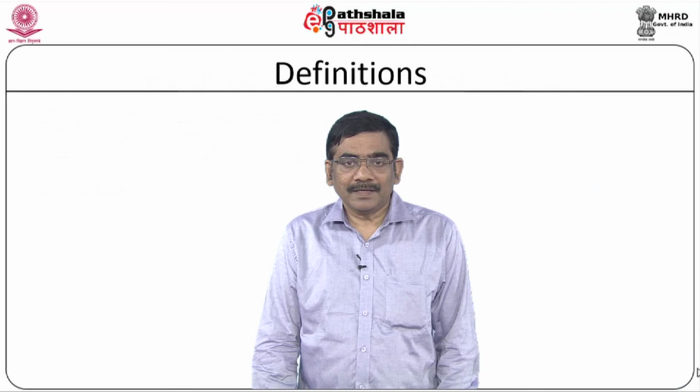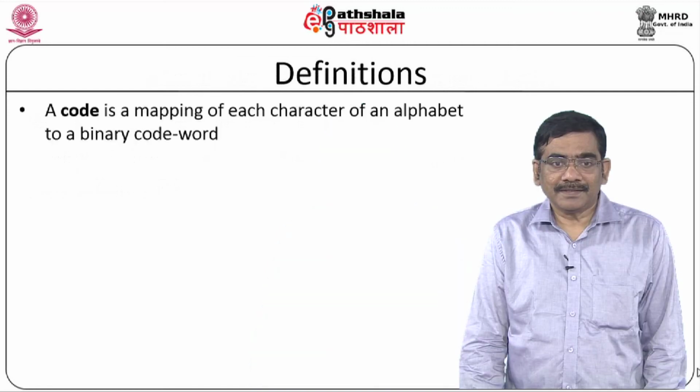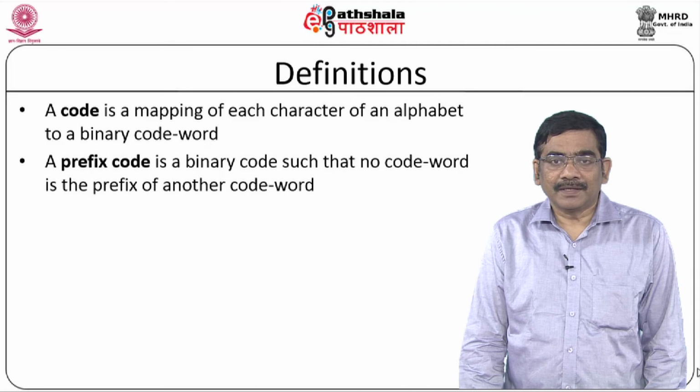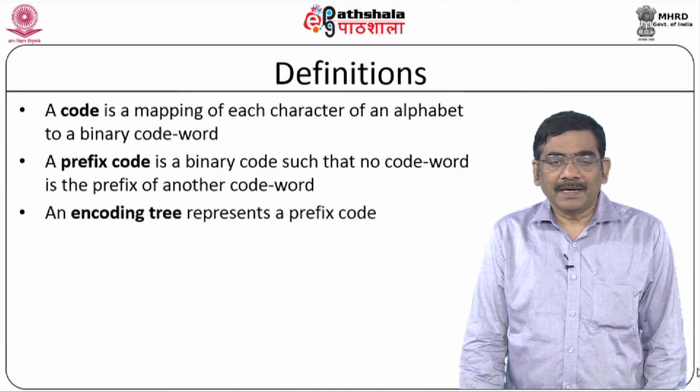So, we will just give some important definitions. A code is the mapping of a character of the alphabet to a binary code word. A prefix code is a code such that no code word is the prefix of another code word, and this is assigned using an encoding tree.